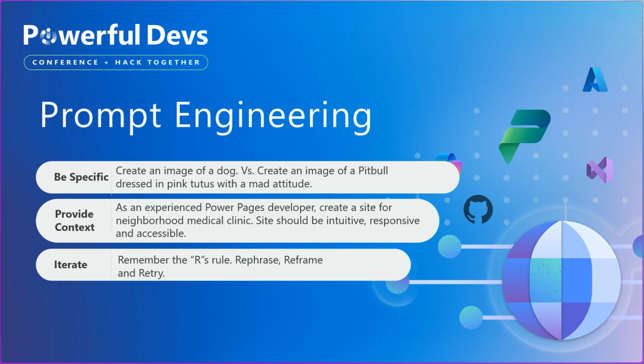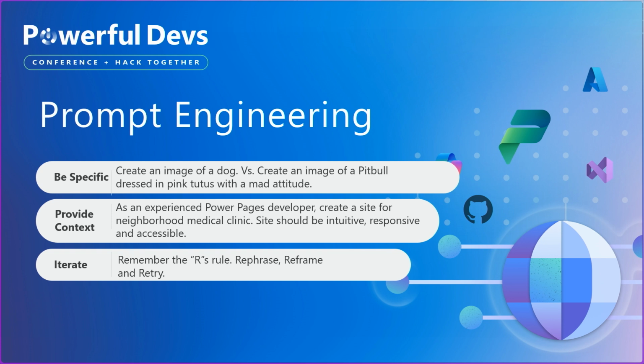All right, but before we dive into creating code and looking at how Copilot can help us, I want to quickly touch the subject of prompt engineering. There are 3 basic rules that I use when I'm writing my prompts. First one is be specific.